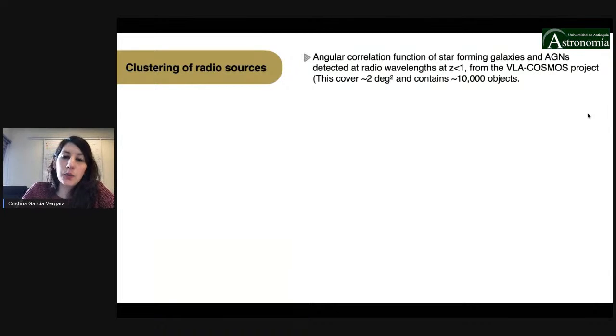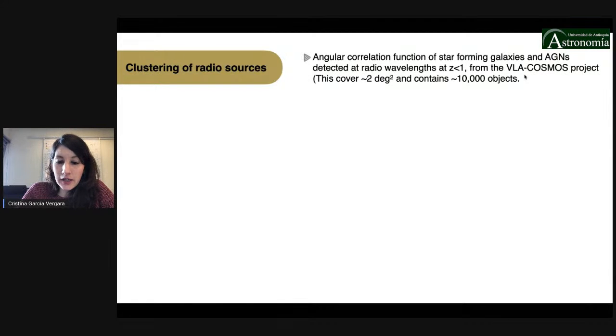Also, here I'm going to show you a result of another work. This is also clustering of radio sources, but in this case, they are using the VLA COSMOS project. Then this is a much smaller survey, only covering 2 square degrees, and still containing a very large number of objects. But the nice part here is that they have multi-wavelength information.